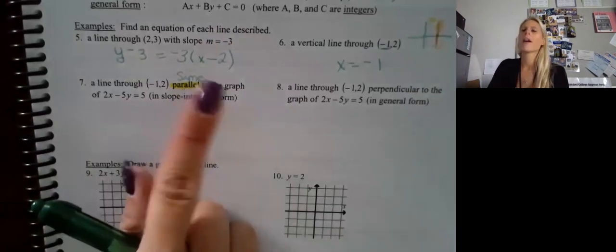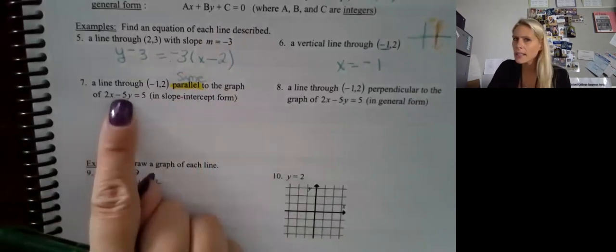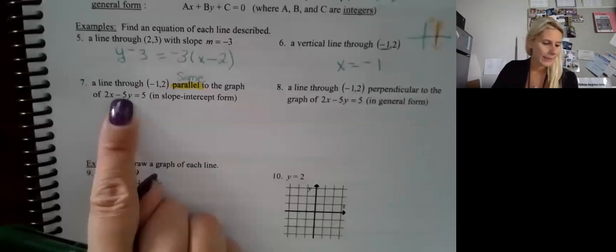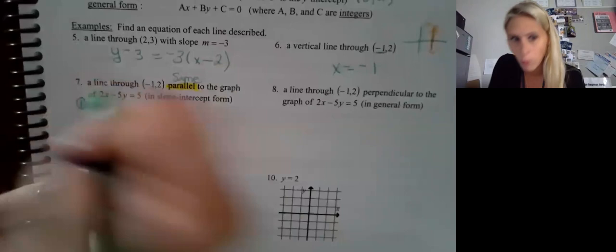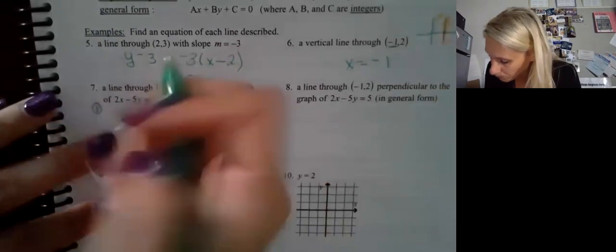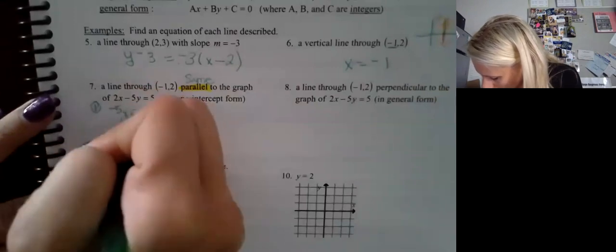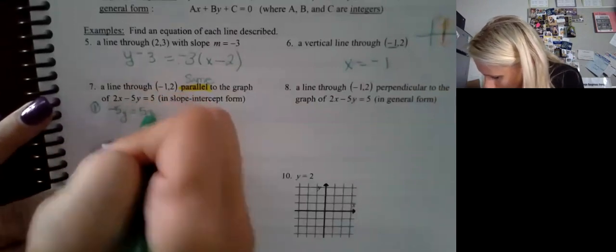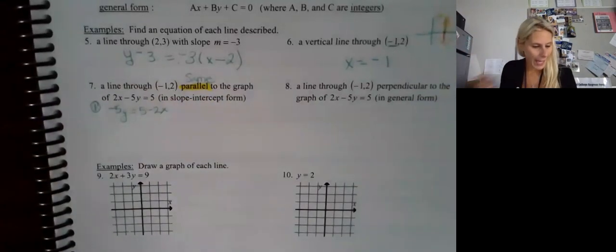Well, here's the thing. If I need the same slope, this is not in a slope form. So I'm going to have to get it there. One of the ways to get a slope is to solve for y. Okay, so that's the first thing I'm going to do is just solve for y. So I get -5y equals 5 minus 2x. I got to divide everything by -5.